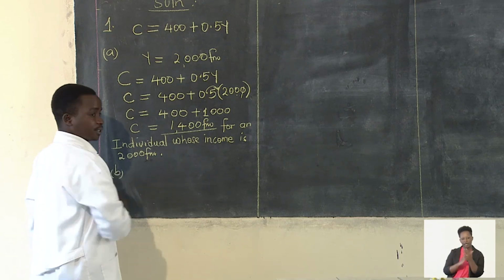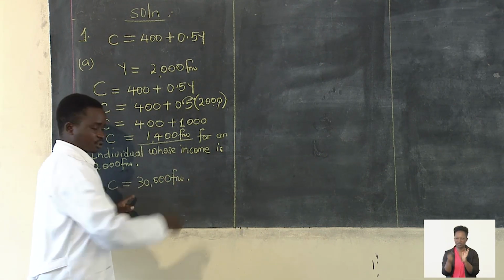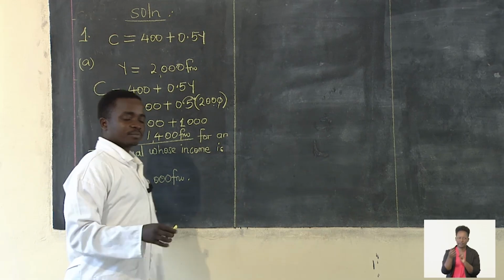So what is part B of the question? Part B, what would be the disposable income of an individual whose consumption expenditure is 30,000 Rwandan francs? Now, in part B, we have been given C, the consumption expenditure, 30,000 Rwandan francs. So they are asking us to find the disposable income.